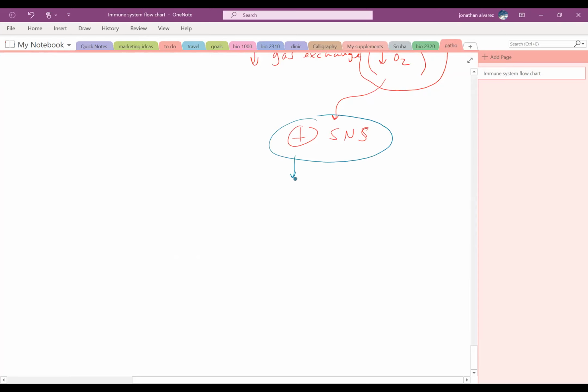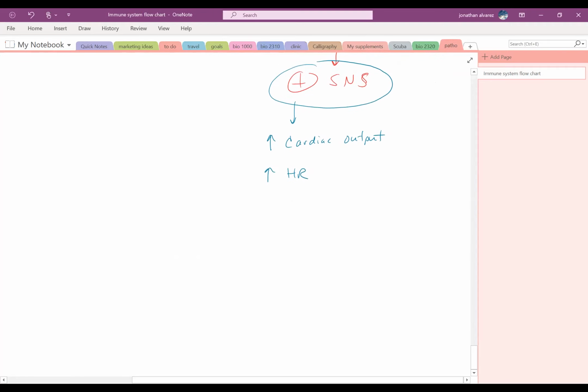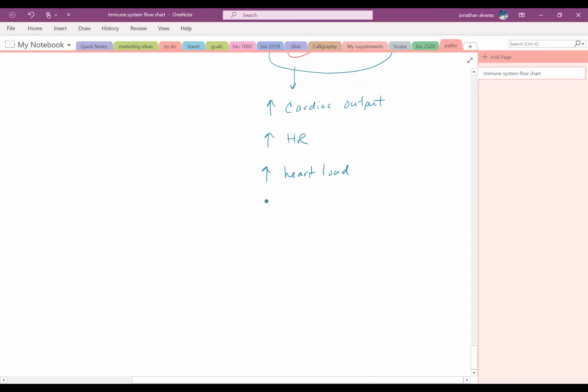And now you're going to get the increased cardiac output, which increases heart rate, which increases the heart load, which activates the RAAS.